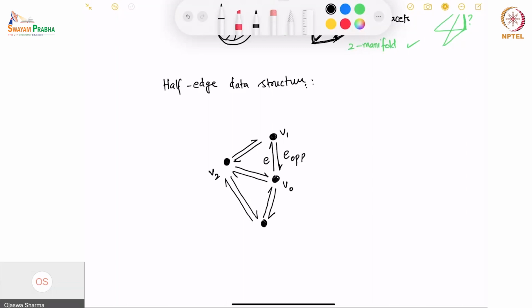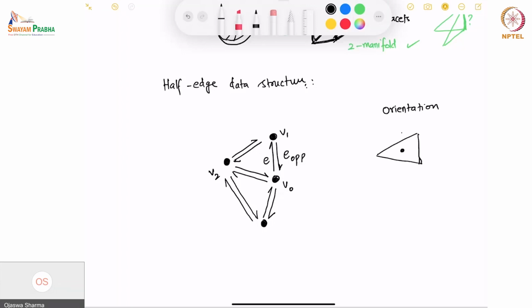And whenever I represent meshes, there is this notion of handedness or orientation of a triangle. So let's quickly say what the orientation of a triangle is. Everybody is familiar with the right hand thumb rule, studied in physics, maybe in class 9th or 10th. You have a triangle here.